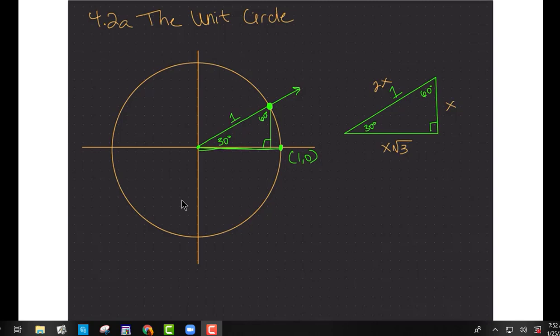Ultimately, I need to figure out what my long leg is and what my short leg is, because this is going to tell me how far I go over on x, and this is going to tell me how high I go up on y. I know my hypotenuse, which is 2x, equals 1, so I can solve for x. 2x equals 1, so x is going to equal a half.